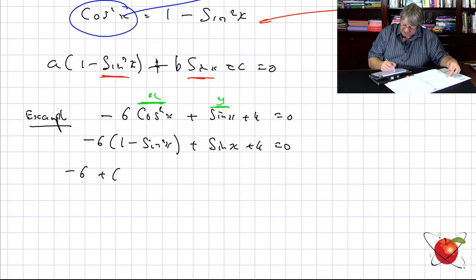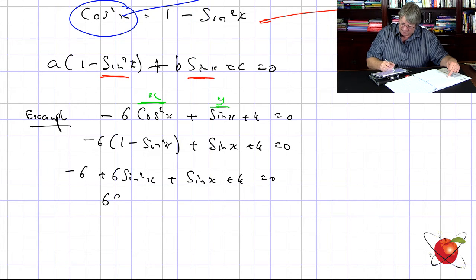So let's have a look. What do I do now? We put in that, so that we've got that. Then I expand the brackets, and I get minus 6 plus 6 sine squared x plus sine x plus 4 equals 0. Group like terms, and I get 6 sine squared x plus sine x, and that's minus 2.